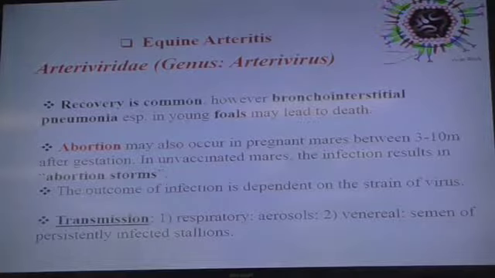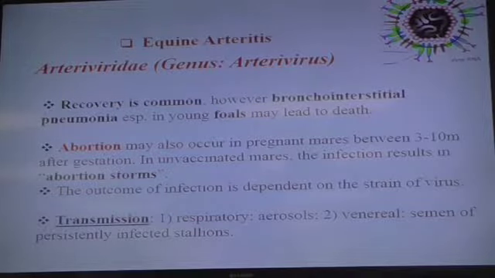Now, in relation to abortion, if the animals are not vaccinated, it's likely to cause an abortion storm involving many animals. If the animals are vaccinated, then they should be protected, although this is an RNA virus, so there are changes in RNA strains that may cause abortion from time to time.